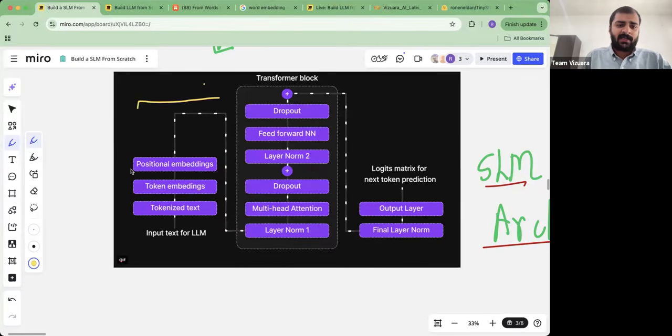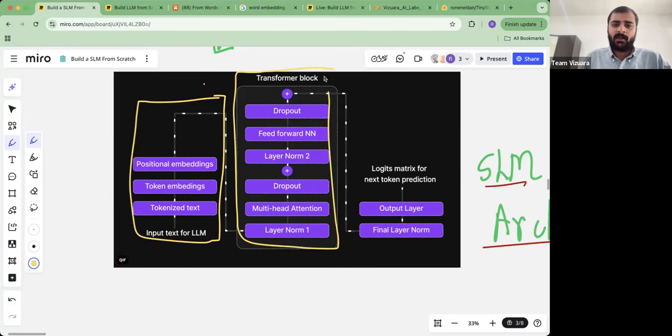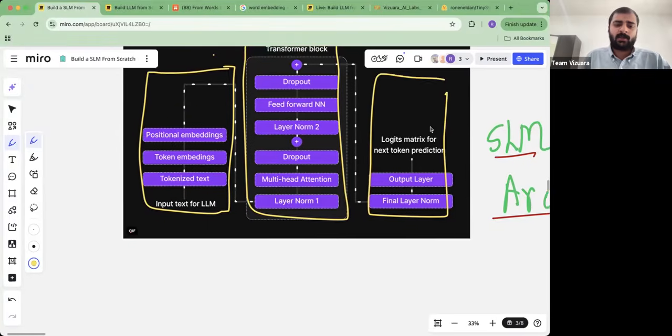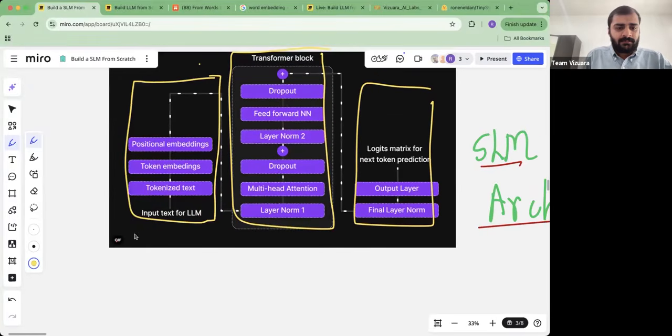So first of all, this architecture is divided into 3 blocks, which I'm marking with the yellow color right now. The first block is called the data input, or very simply, let me call it the input block.